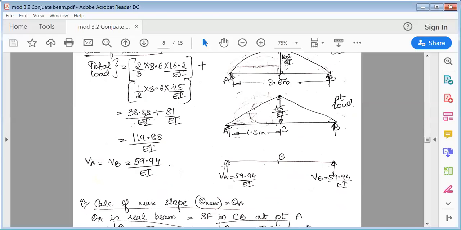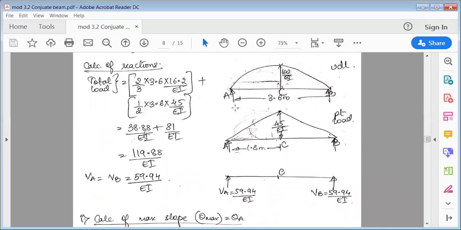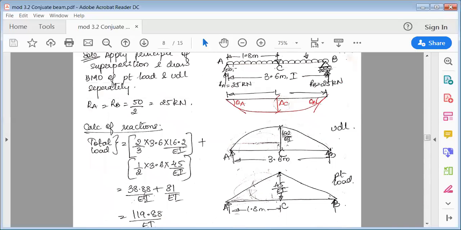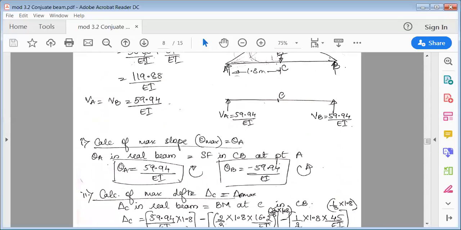Okay, so once you draw this, again, it's a simply supported beam. If you draw the conjugate beam, that also would be the same because simple support in the real beam is equal to simple support in the conjugate beam. So the support doesn't change because simple support remains simple support. After this, as usual, we'll find the maximum slope and deflection.